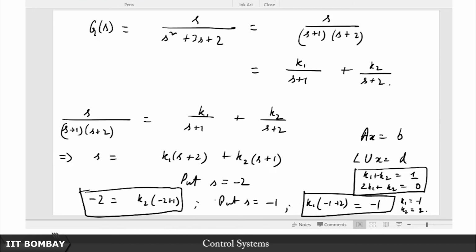What your textbooks always do is multiply both sides by this term, and then pass it through the limit s tending to minus 2. Obviously then this term vanishes, this term becomes minus 2, and you are equating this. That is how you get this equation. Then if you pass it through the limit s tending to minus 1, you will get the second equation.